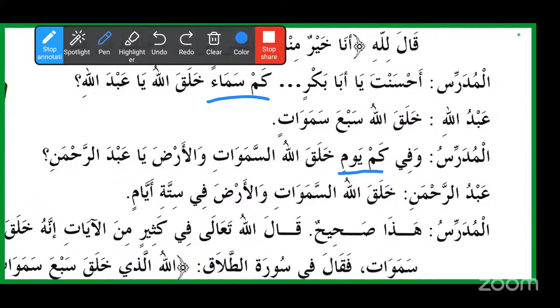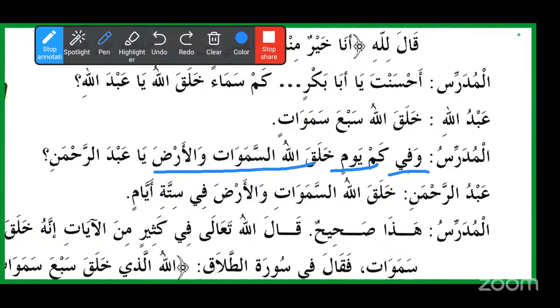Kam yawmin khalaqallahu samawati wal arda, ya Abdurrahman. So how many days? Allah created the heavens and the earth.